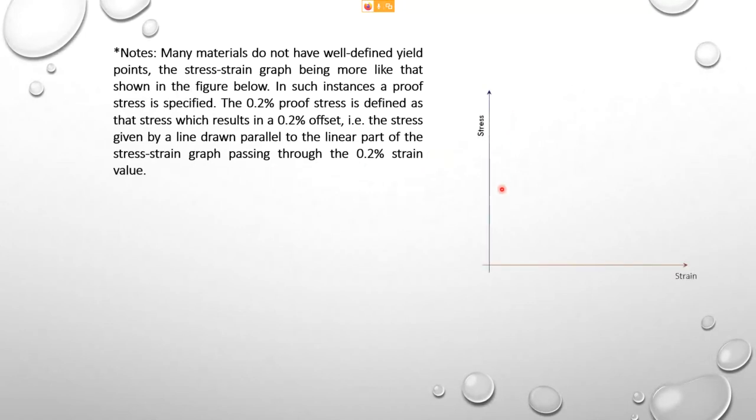So look at this graph here. This is the stress strain graph. Now for mild steel, you don't need to use proof stress, okay? You don't need to use proof stress for mild steel or for most ductile materials. Now, let's say you have a graph like that.